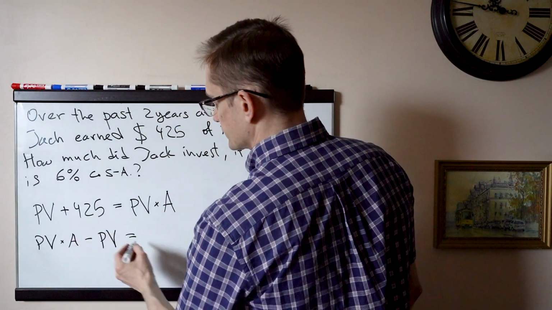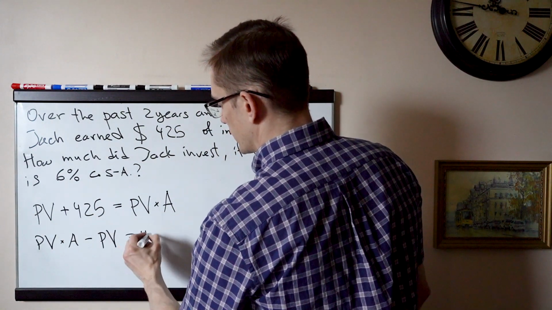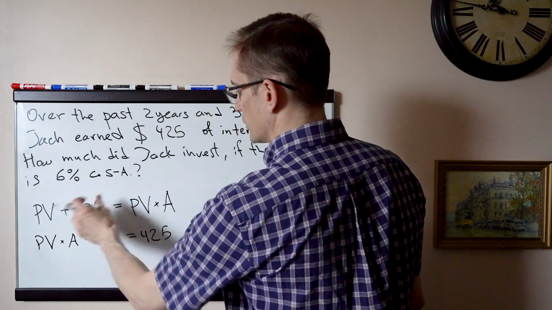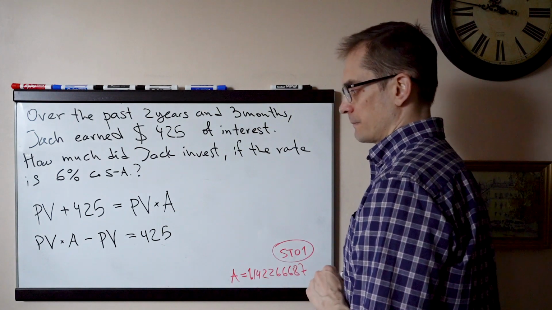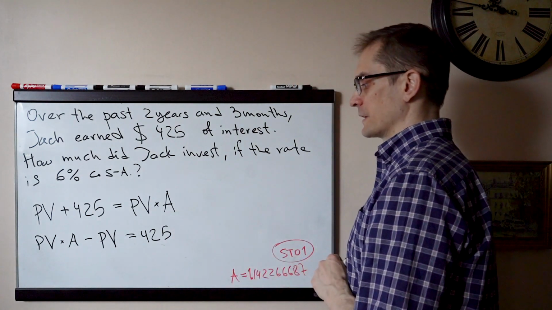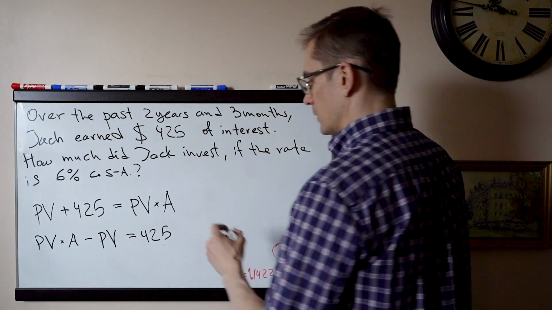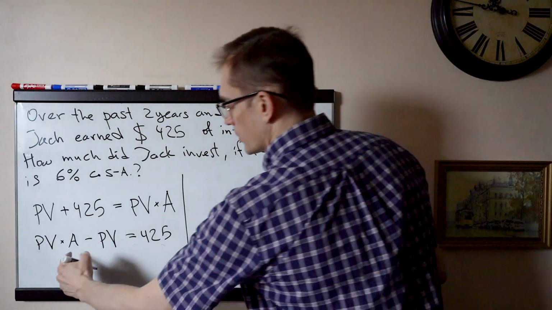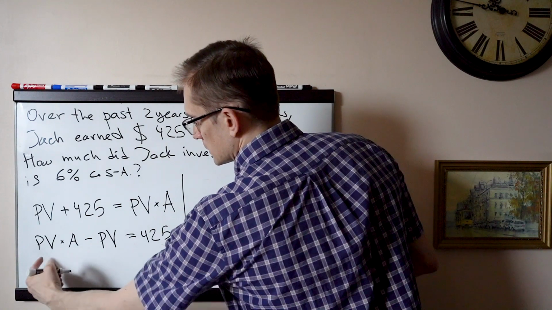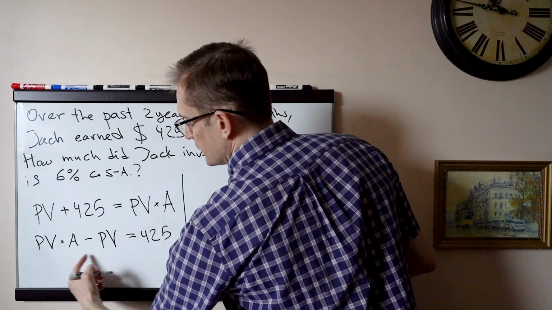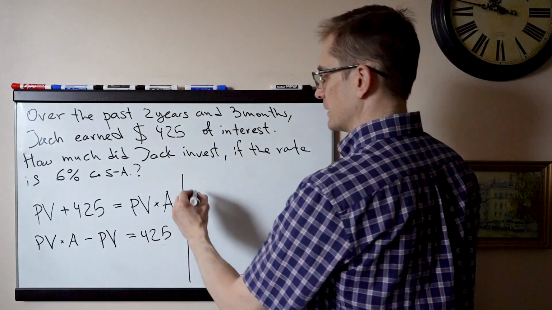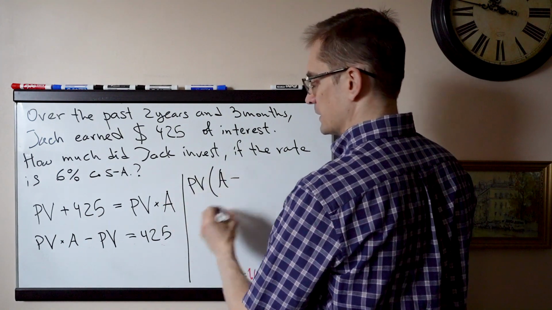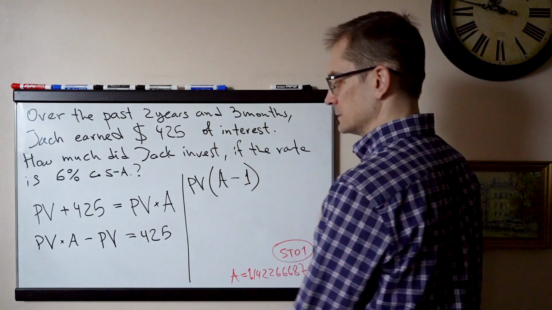And it will be 425. So this is a known part, it will be staying on the right side. Okay, so from here we will be taking PV out of a bracket, which is A minus 1.